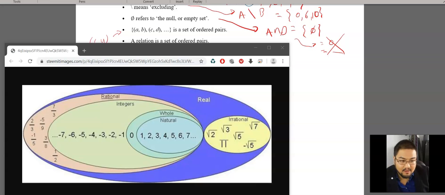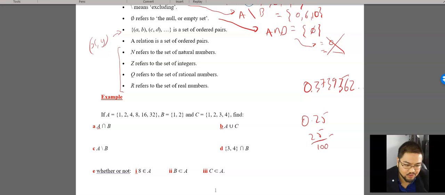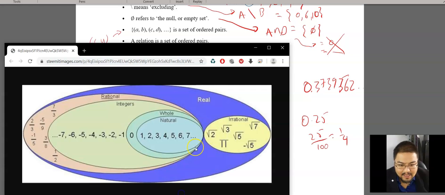So if you had a number that was, for example, 0.3739562, and so on, a string of numbers that can't be expressed as a fraction, then it's irrational. But if you had 0.25, 0.25 can be expressed as 25 over 100, which is 1/4, which means that 0.25 is a rational number.